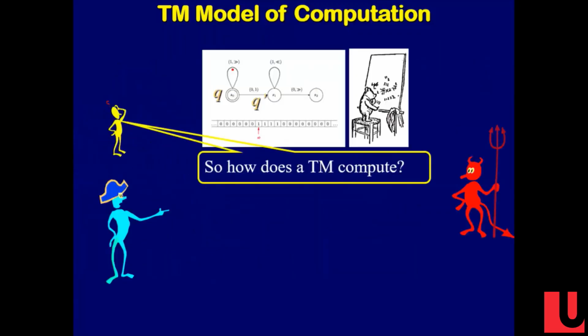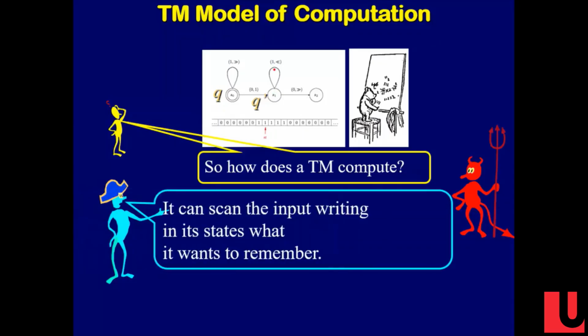All right, so now we need to convince you that Turing machines can do stuff. How can a Turing machine compute? Well, I can scan the input.